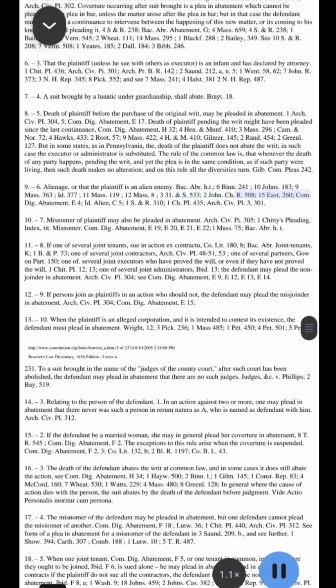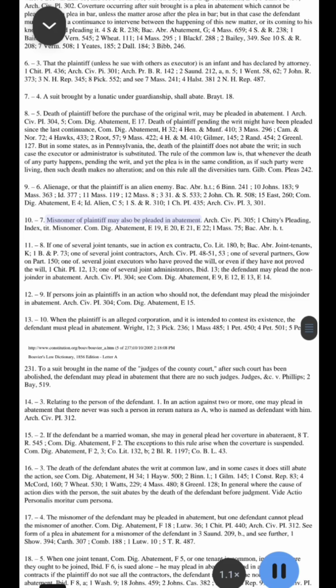Cas. 508, 15 East 260, Com. Dig. Abatement, E4, Id. Alien, C5, 1 S. & R. 310, 1 Chit. Pl. 435, Arch. Civ. Pl. 3, 301.